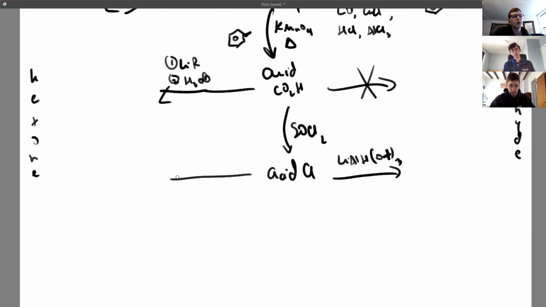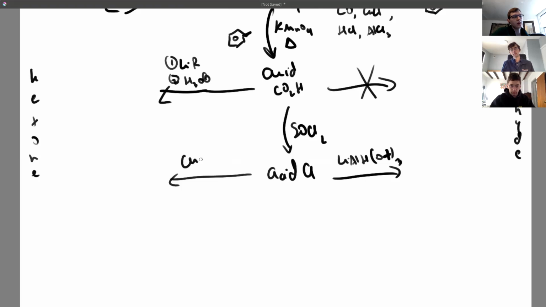Okay. But let's say we already did the work and we made an acid chloride, which are much nicer to work with. How could we now make a ketone instead? Lithium dialkyl cuprate. Yeah, exactly.